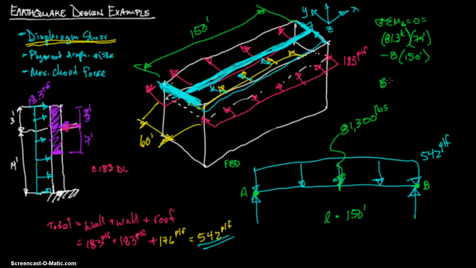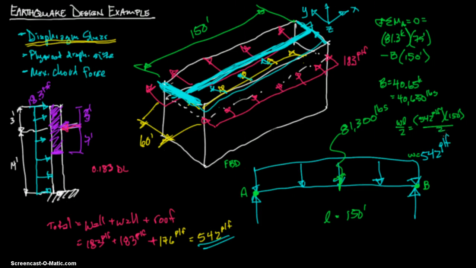So B equals 40.65 kips, and that always equals 4,650 pounds, which should equal WL over 2. Remember, W is 542 PLF times 150 feet divided by 2.